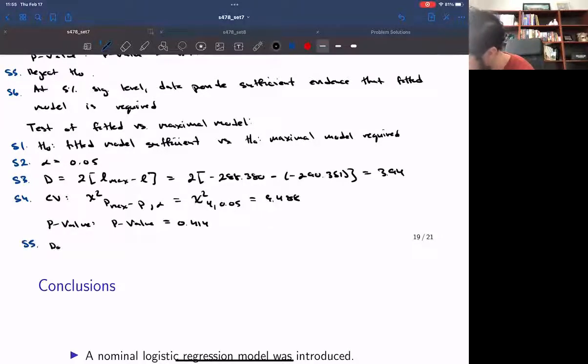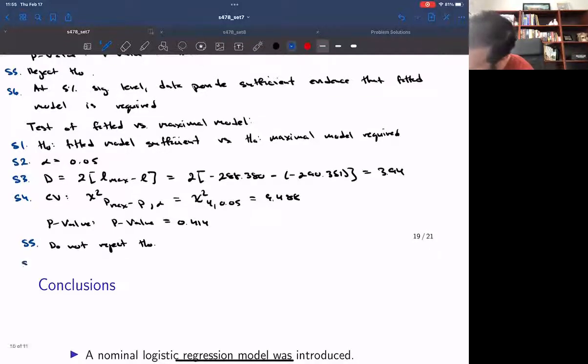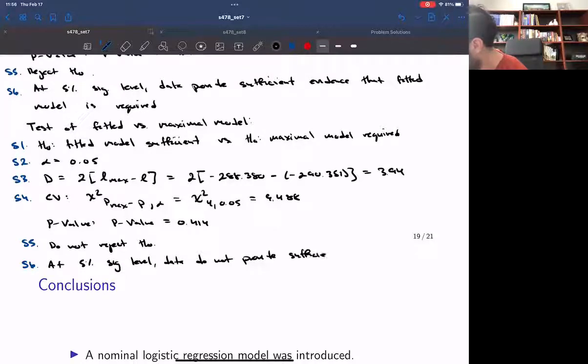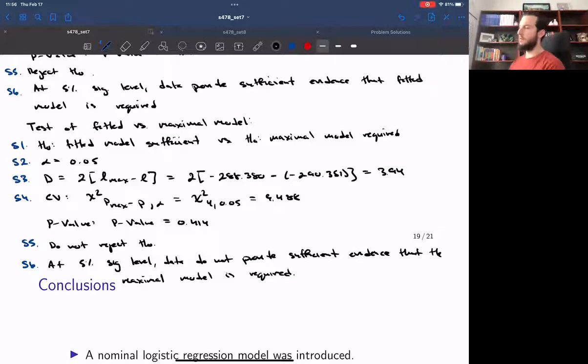So then we do not reject H0. And then on step 6, we would say at 5% significance level, data do not provide sufficient evidence that the maximal model is required.